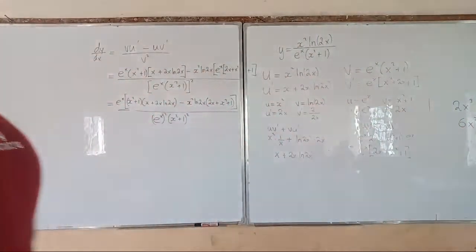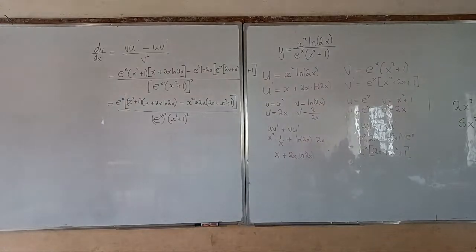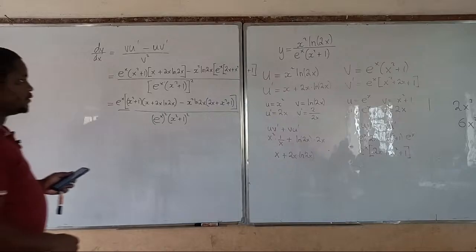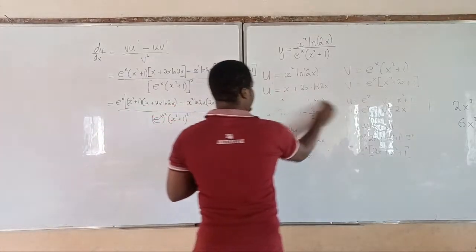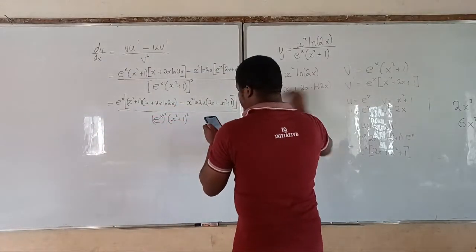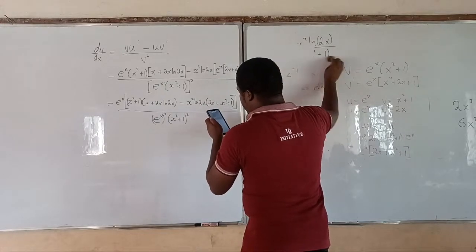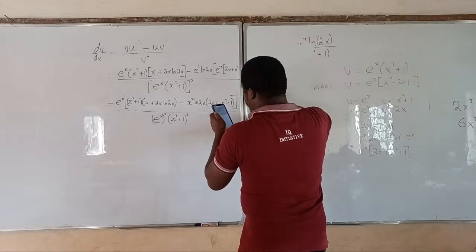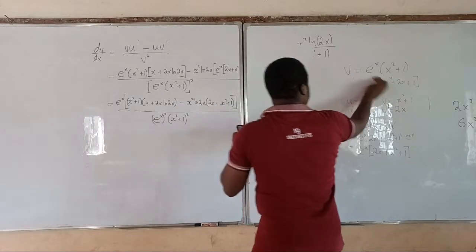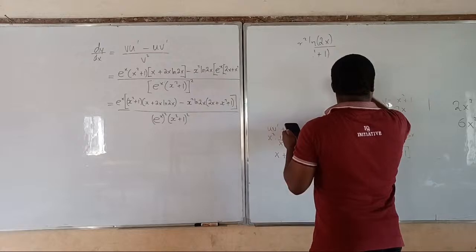So let's do question 11, part B. It's under limits and continuity, still calculus. Let's see how we can simplify it. The question says, discuss the continuity of the function f described by that expression that we have.